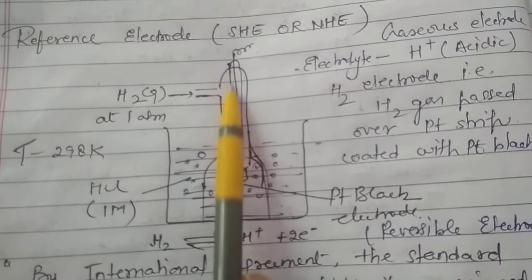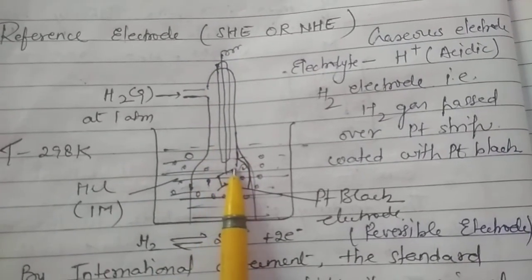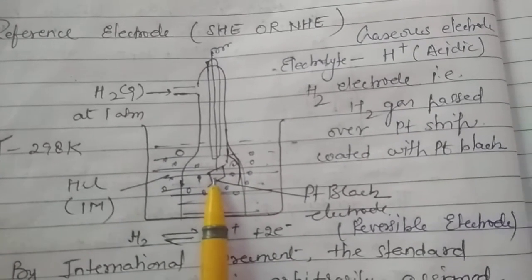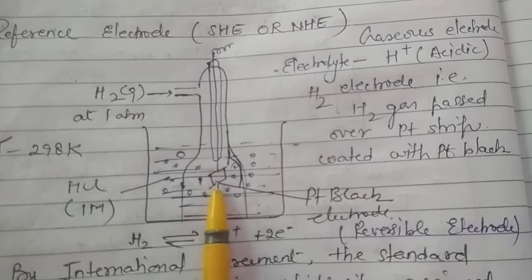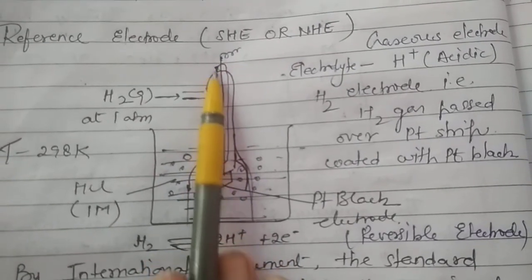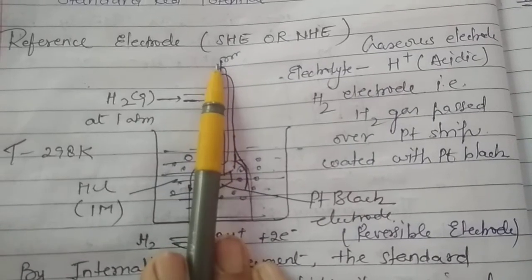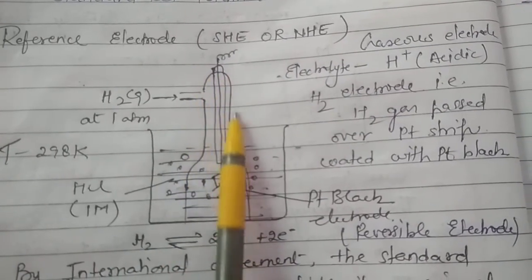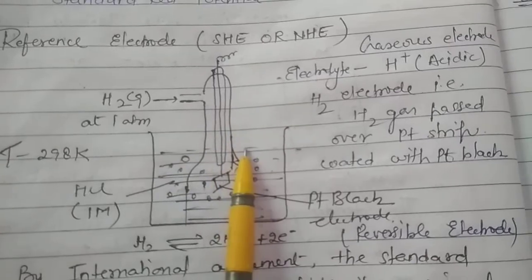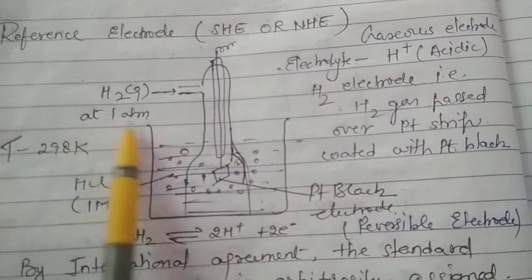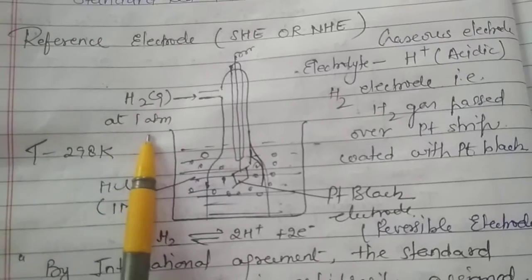It is a platinum wire attached to a platinum strip that is coated with platinum black. It is sealed in a glass tube, which works like an inlet for hydrogen gas at 1 atmospheric pressure.